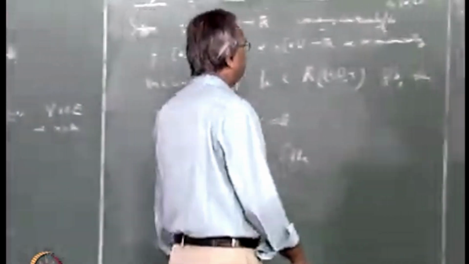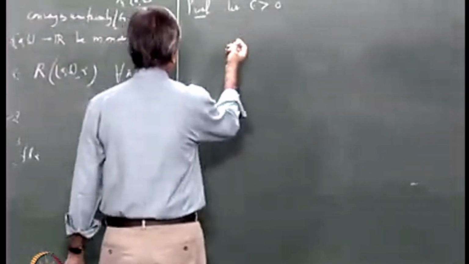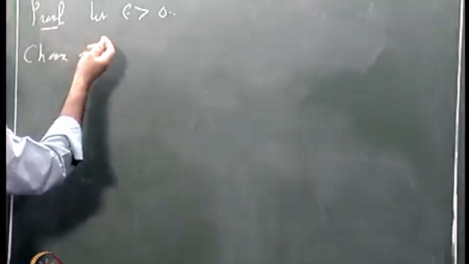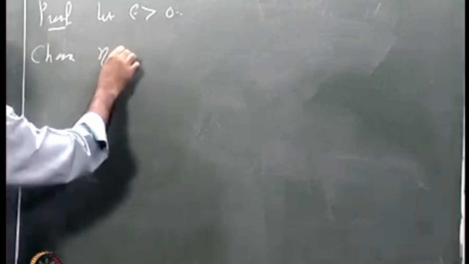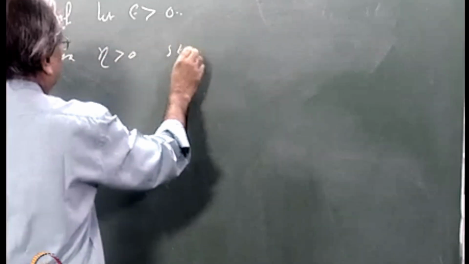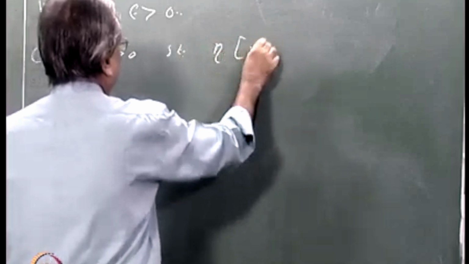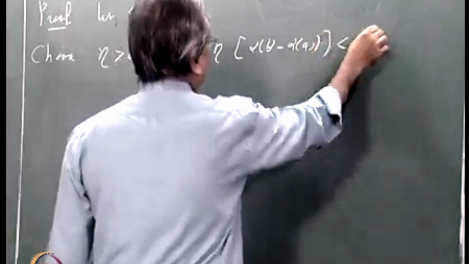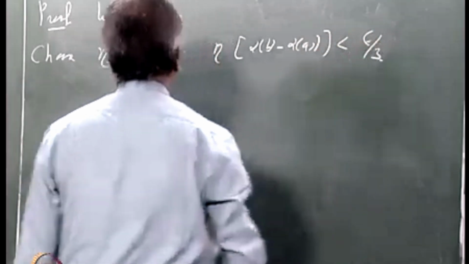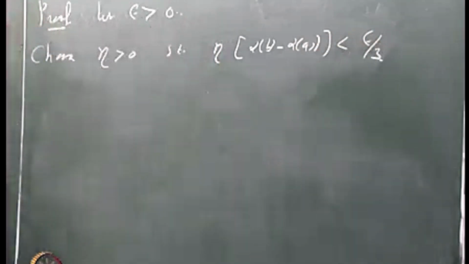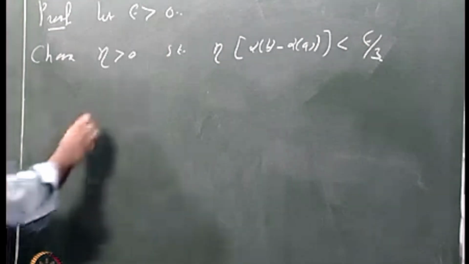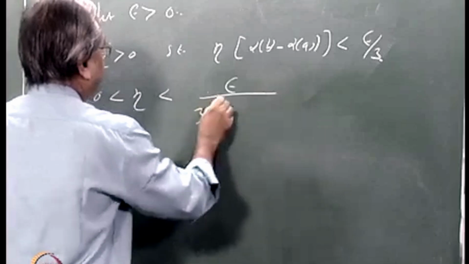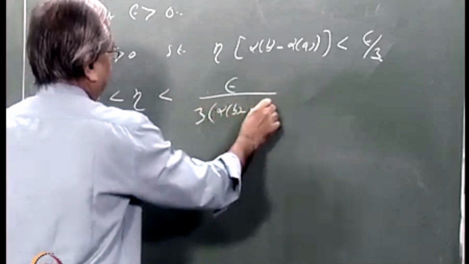So the first step is this. Since here we have taken this alpha, choose, suppose I call it eta, eta bigger than 0 such that eta into alpha b minus alpha a is less than epsilon by 3, which is the same as saying that 0 less than eta less than epsilon by 3 into alpha b minus alpha a.